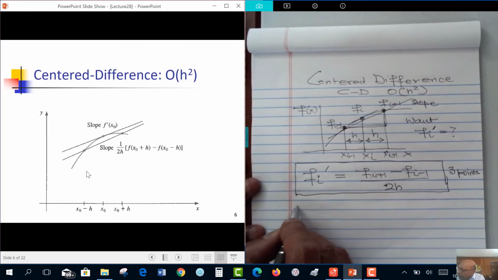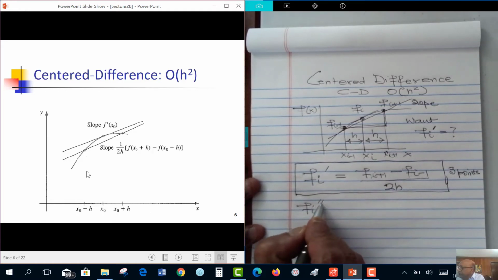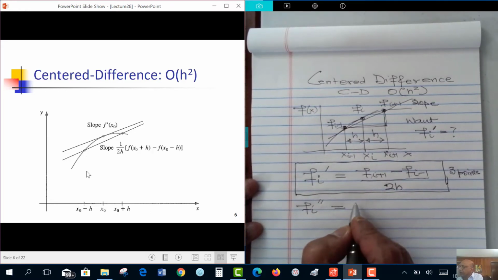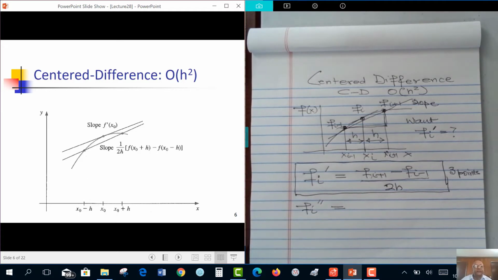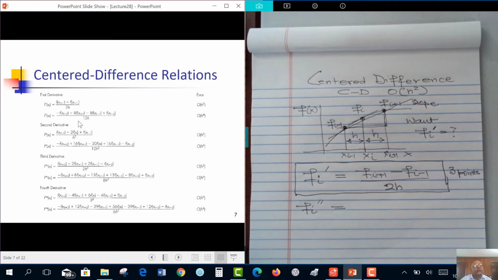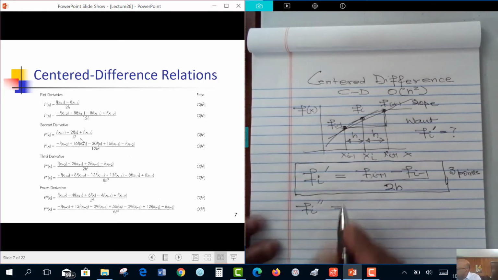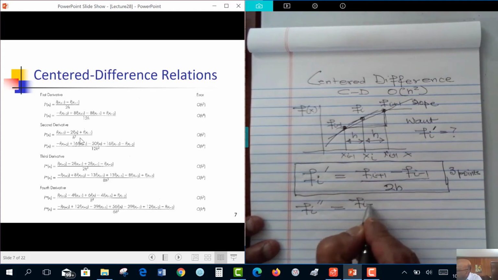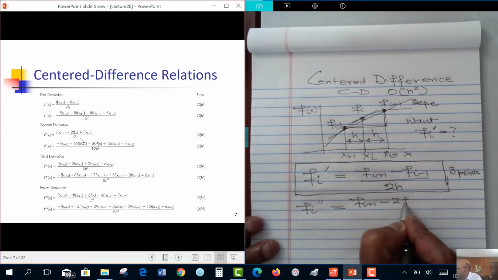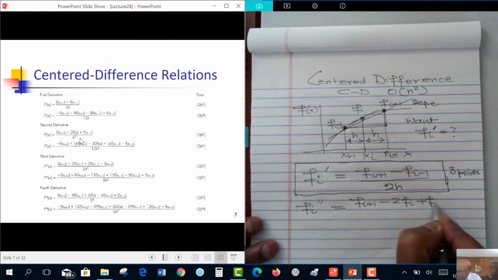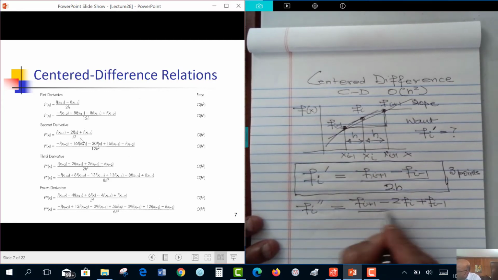Just so that you know, we will not derive it, but we will see that the second derivative formula looks like this. Let me show you. We have a table. So our second derivative formula for center difference looks like this. fi plus 1 minus 2fi plus fi minus 1 over h squared.